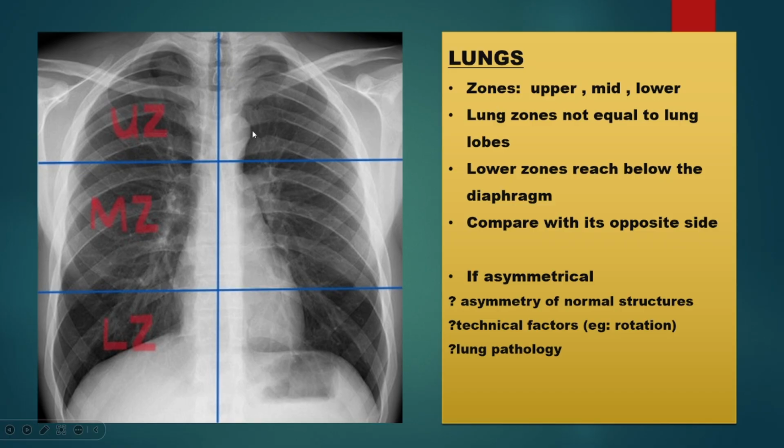These are not comparable with the lung lobes. These are different from the lung lobes, and the lower zone extend below the level of the diaphragm. Usually the upper two intercostal spaces are included in the upper zone, then the next two intercostal spaces included in the middle zone.